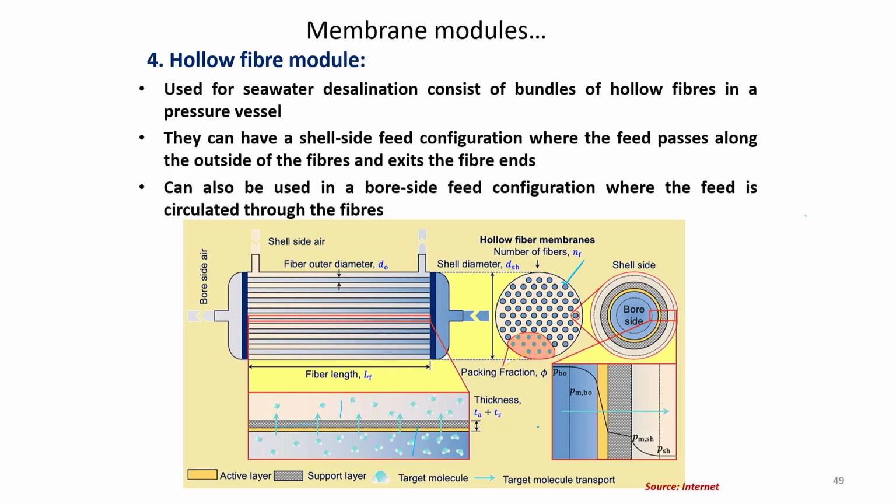So, if we feed through the bore side, here it is the contaminated water, and with high pressure we are feeding through the bore side, with the pressure say PB0, and ultimately the pressure will drop on the outside, the other side.